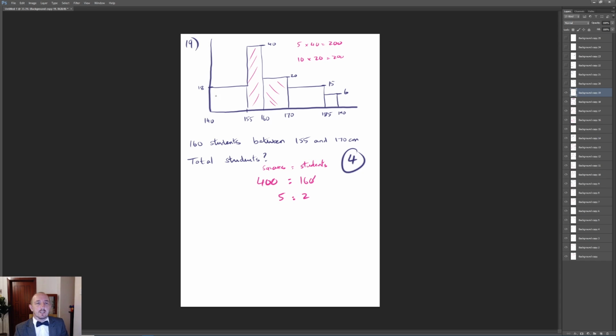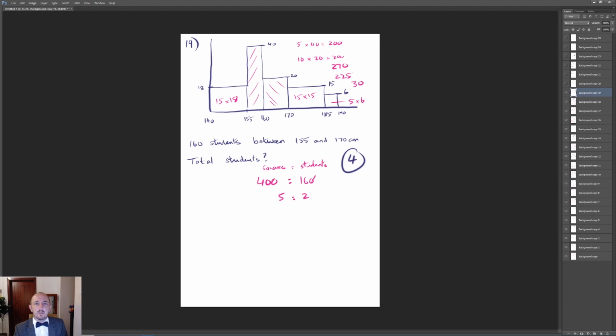If I count up all of the squares that I have, I've got 400 here, I've got 15 times 18 here, I've got 15 times 15 here, and I've got in there 5 times 6. So in total, 18 times 15 is 270. Then 15 squared is 225, and another 30.